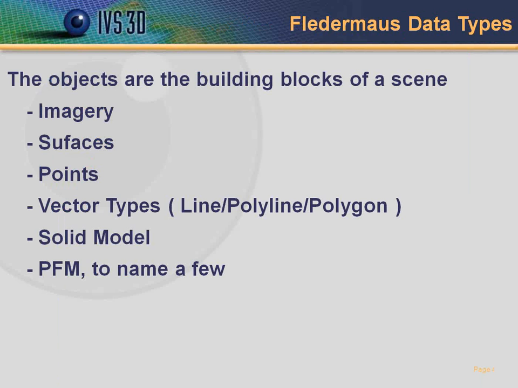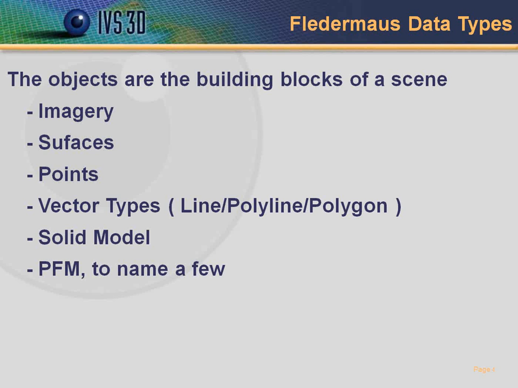So what really are the object types? They're the building blocks of the scene, whether we look at it in Imagic or in Fledermaus. They're certainly the familiar types of visual imagery that you're used to seeing: pictorial raster imagery, surfaces from many different data types, your points, your vector types. And by vector types, I don't mean scalar plus direction. I mean vector and mathematically defined types like line, polygon, polylines, these kinds of things.